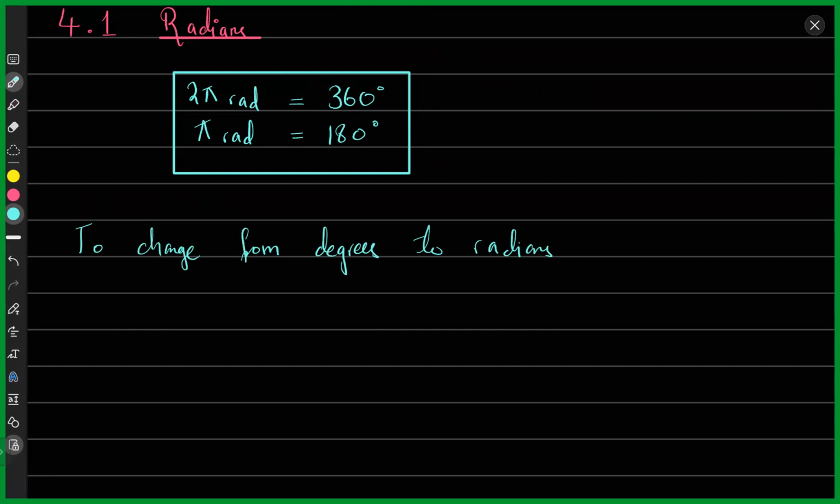So to change from degrees to radians, multiply by pi by 180. Similarly, to change from radians to degrees, multiply by 180 by pi. That is it. And we are done with this unit.